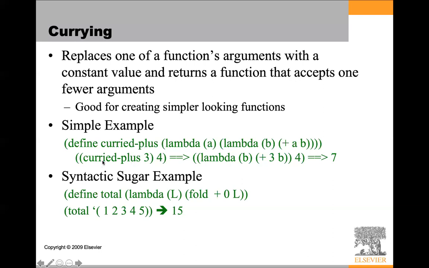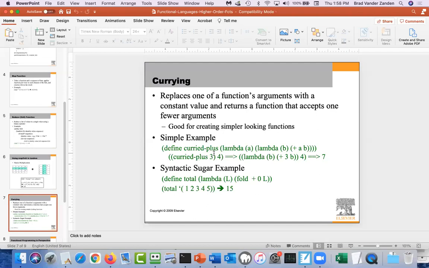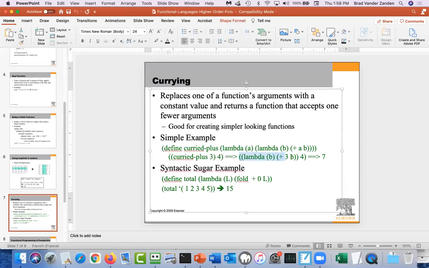So for example, if we call curry plus 3, what that does is it produces a new function, lambda b, that adds 3 and b. So curry plus is returning this function right here. And now 4 is passed as an argument to b, and we get 7.